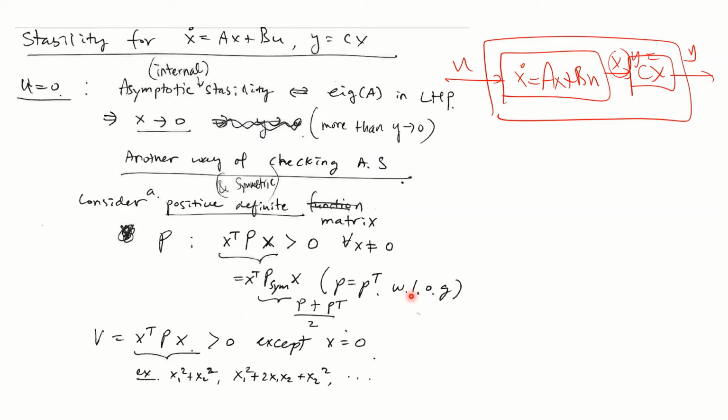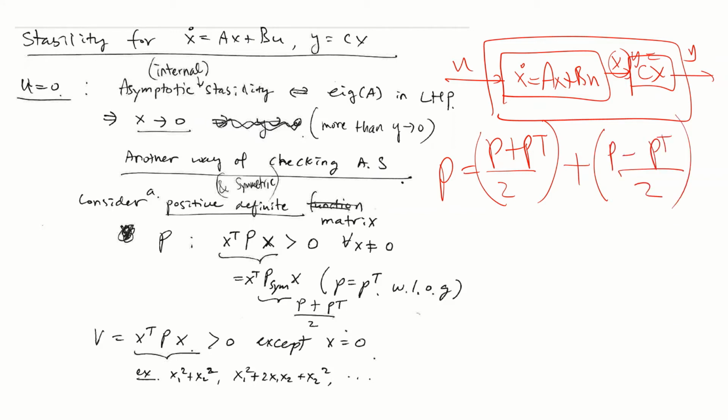So what does it mean? Every matrix can be written as (P plus P transpose) divided by 2 plus (P minus P transpose) divided by 2.